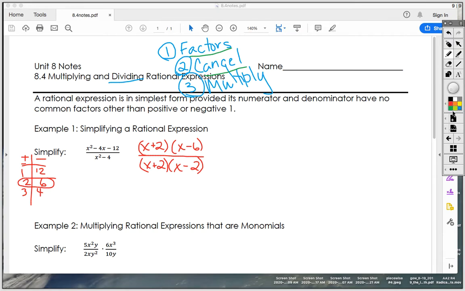So I look at both the top and the bottom. Is there a factor both at the top and the bottom that can cancel each other out? Yeah. Multiply if you can, or I could simply just rewrite this. It is going to be x minus 6 over x minus 2. That's simplifying one.